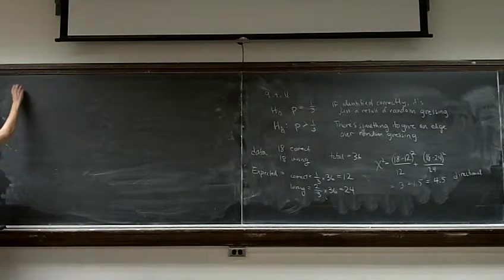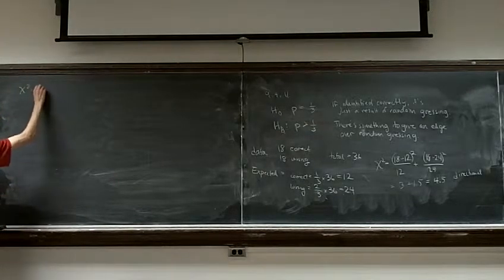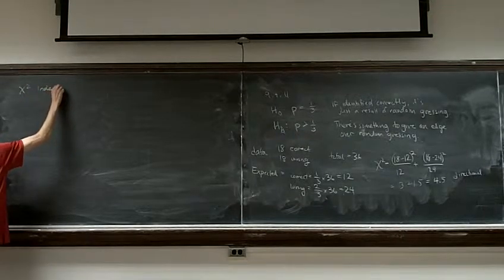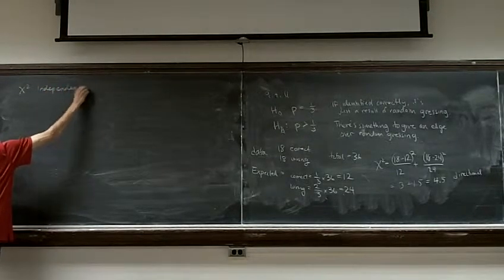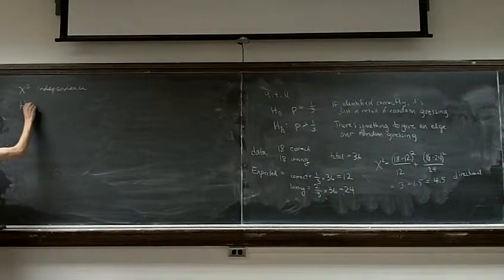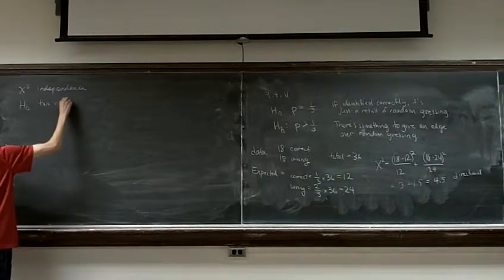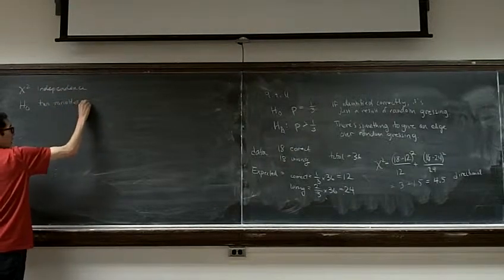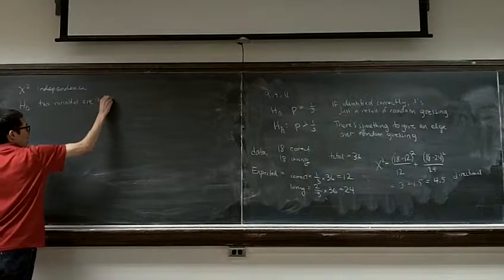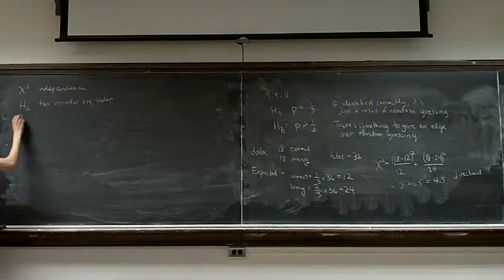Okay, and then we have chi-squared for independence. Okay, null hypothesis would be the 2 variables are independent. And then the alternative is they are not independent.